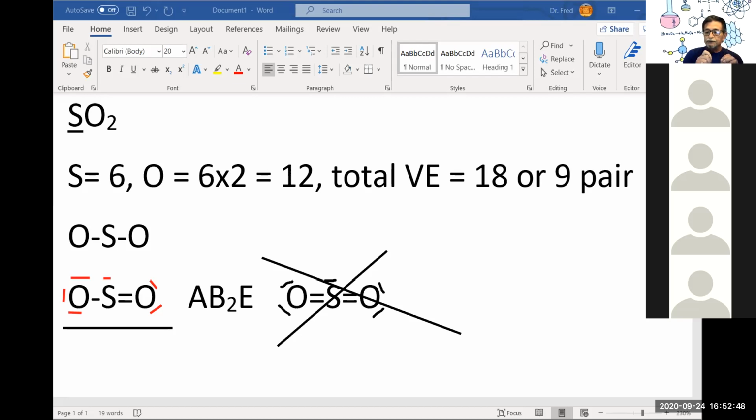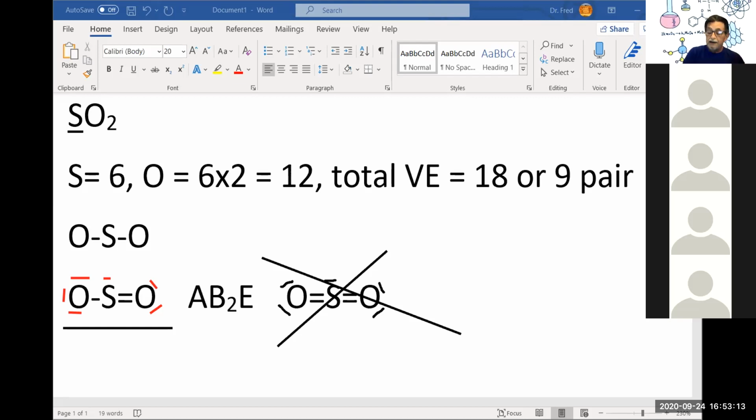Once you put your bonds together and you think you've got the structure, check the octet rule. Remember, hydrogen has a duet rule, so you'll never see a double bond on a hydrogen. For all the other atoms, if you end up with more than 8 electrons on an atom, it's incorrect.